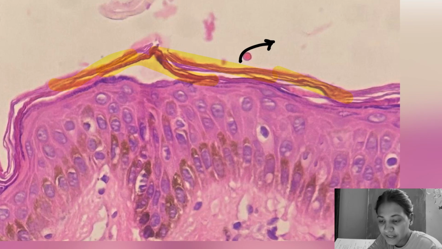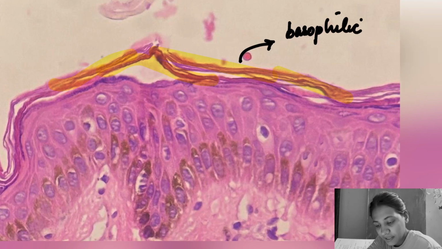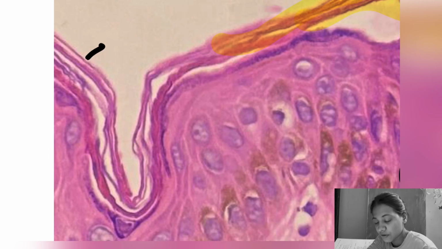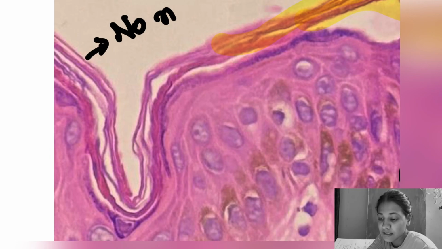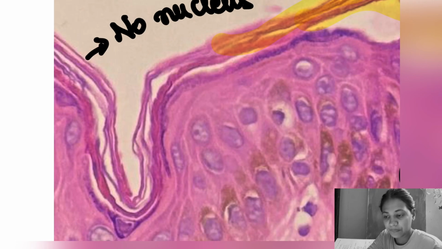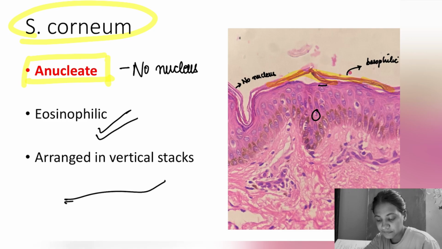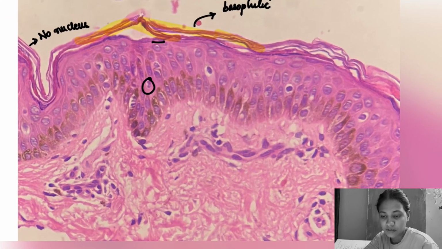It will be more basophilic, like here, here. But if you see this area, there is no nucleus. So normally, the stratum corneum is an anucleate layer. It's more eosinophilic and is arranged in vertical stacks like this.